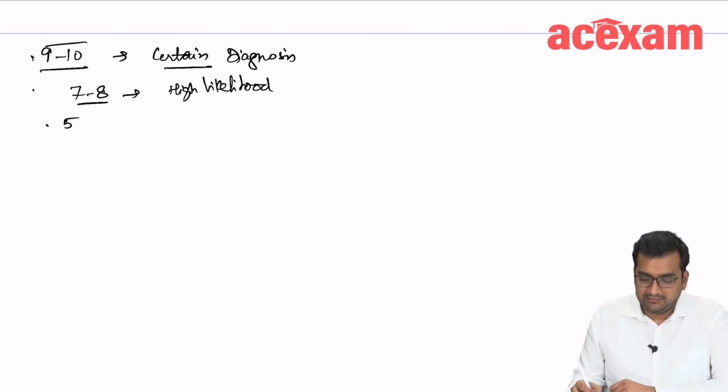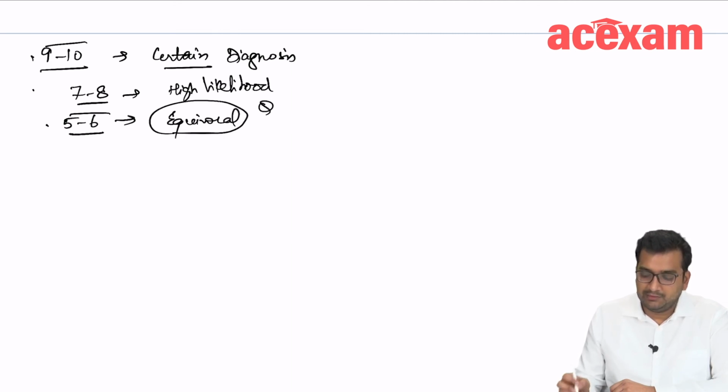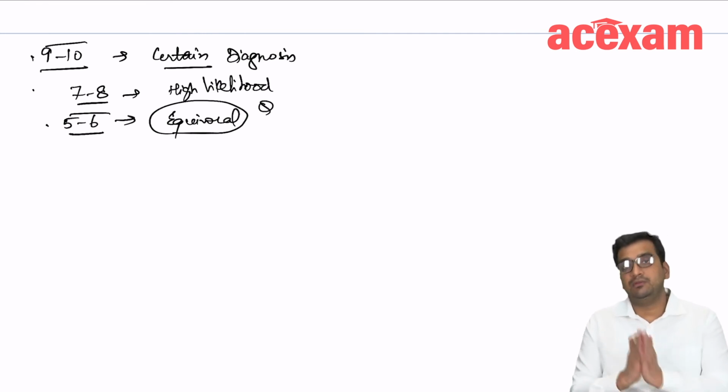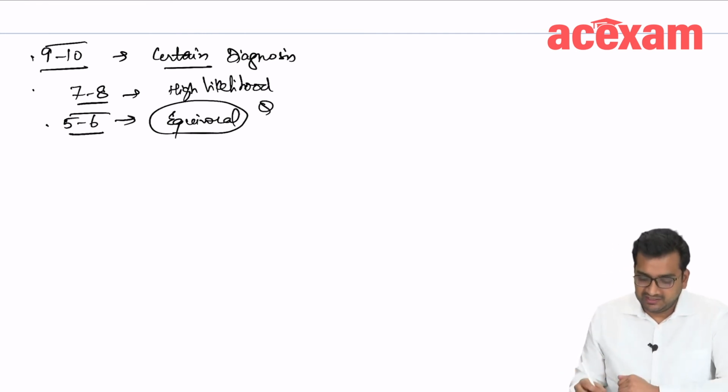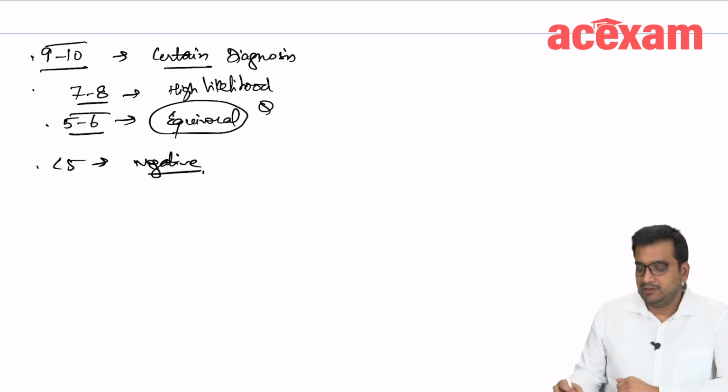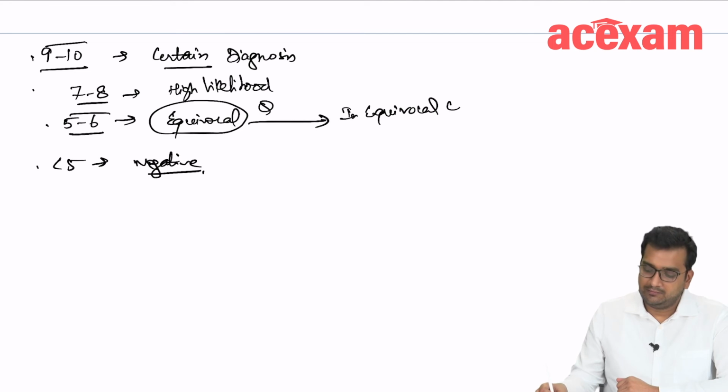If it is 5 or 6, then it is equivocal. This is very important to understand. If less than 5, then it is negative for acute appendicitis. In equivocal cases, we will go for CT of the abdomen.